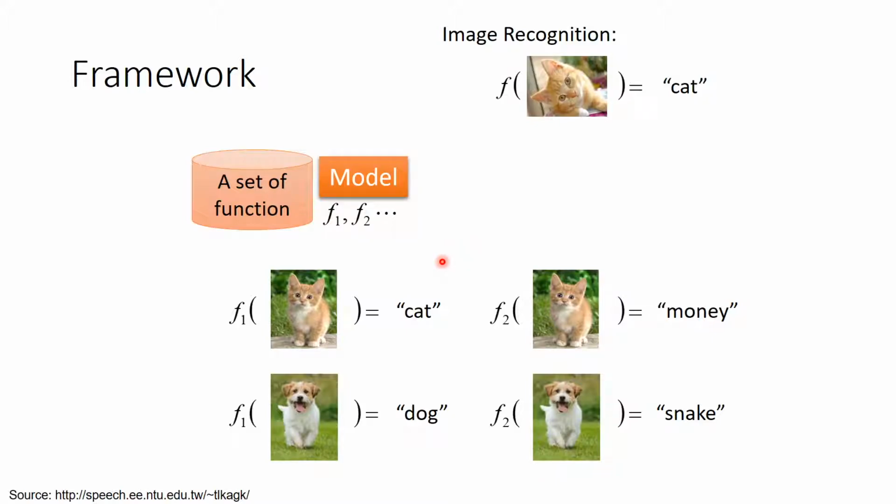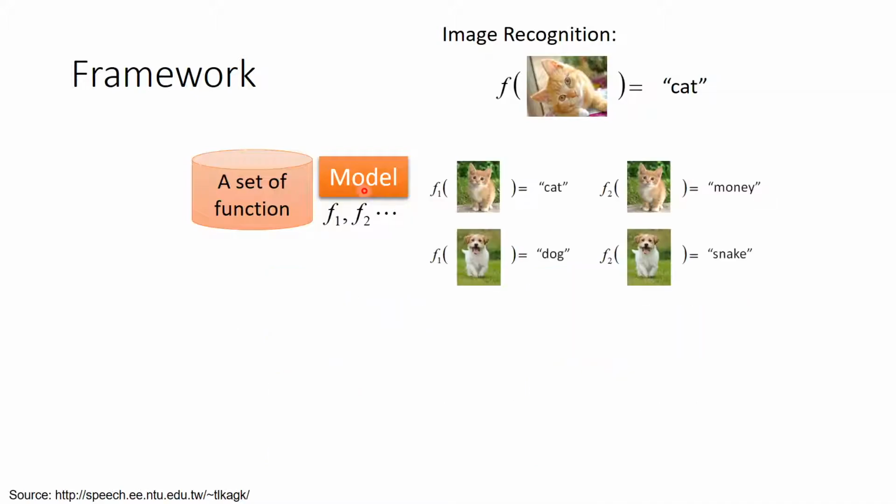In deep learning, each function we call a model, and we hear about training a model or how to train a model. That means we want to find a correct function, one that can give you a result much closer to the correct answer.